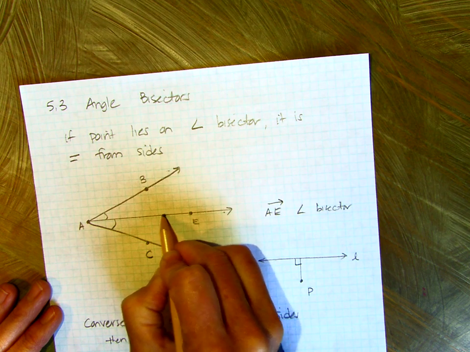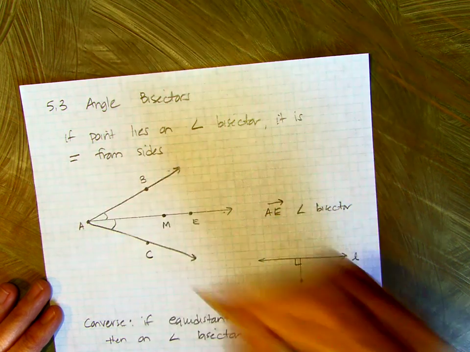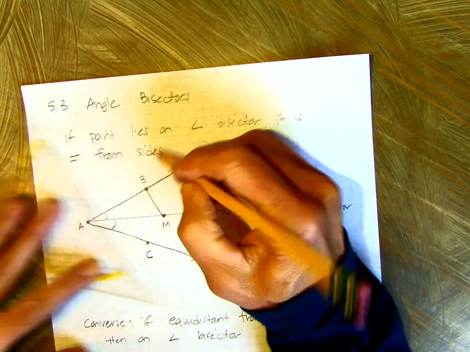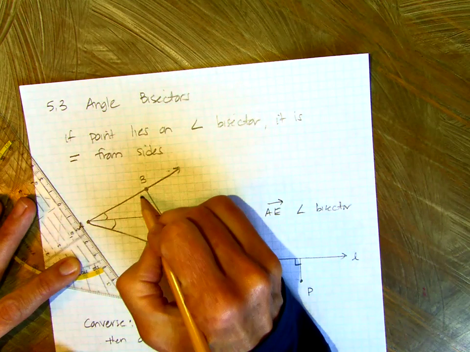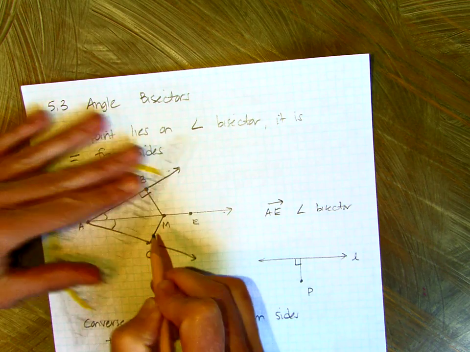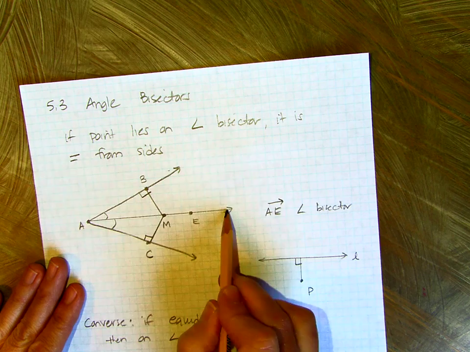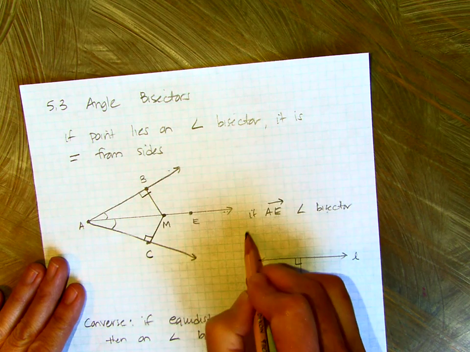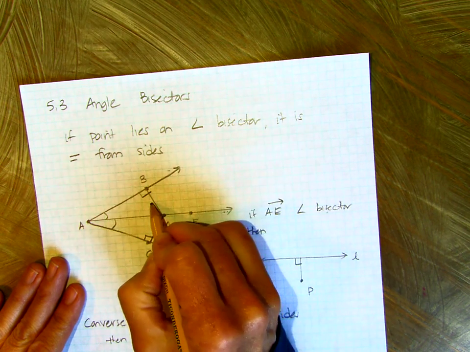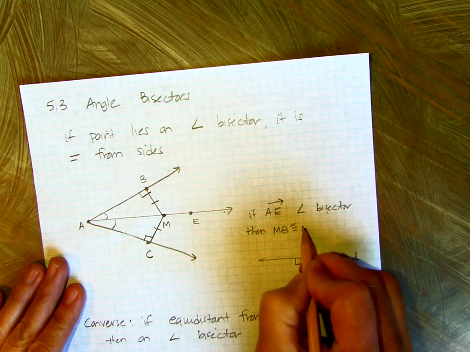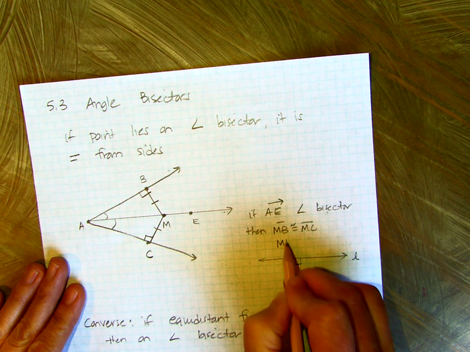So if I want to know how far this point M is from AB, I have to measure perpendicularly to AB, and to measure it perpendicularly to AC. So if AE is the angle bisector, then MB is congruent to MC.